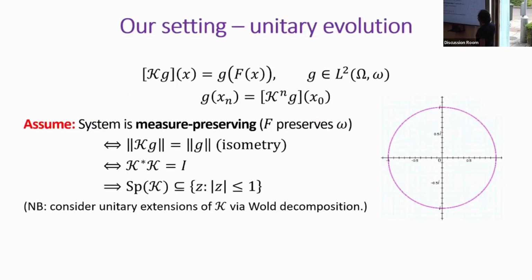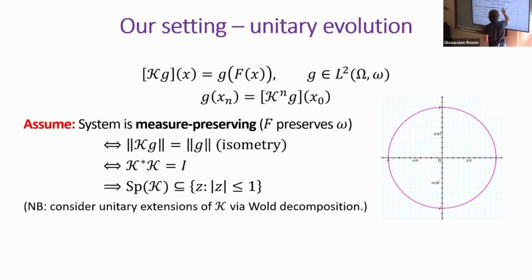Okay, so the setup. Remember, we have this Koopman operator, and for the time being, we're acting on this L2 space of observables. So you have g at time n given by n-fold applications of the Koopman operator evaluated at the first point. And what I'm going to do is assume that this system is measure preserving.